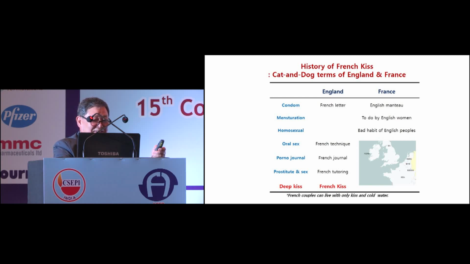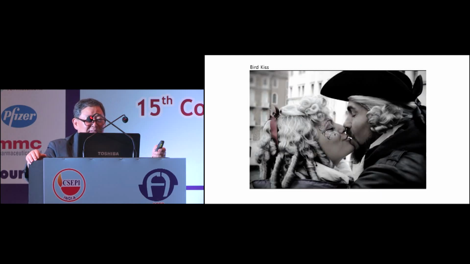Deep kiss, French kiss by English people. French people think of condoms as English mentors, menstruation to do by English women, homosexual, bad habits of English people. The 2 countries' people are very competitive sometimes.